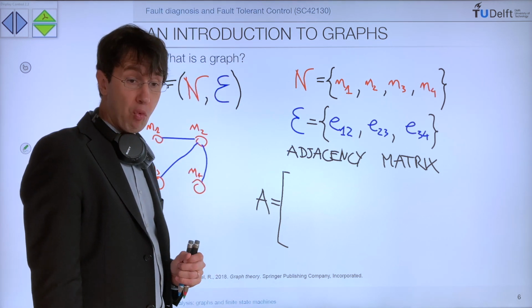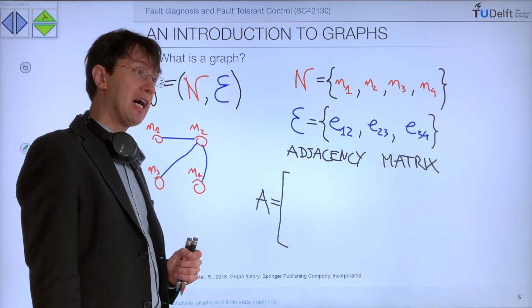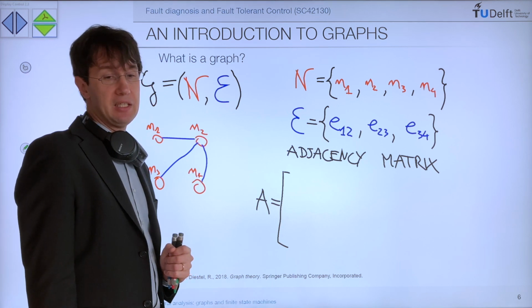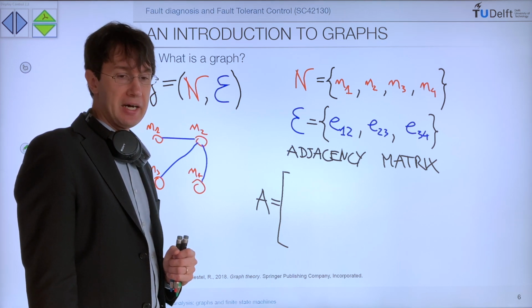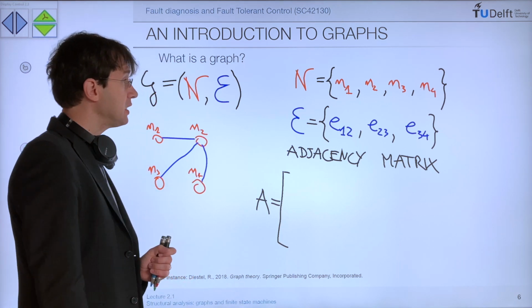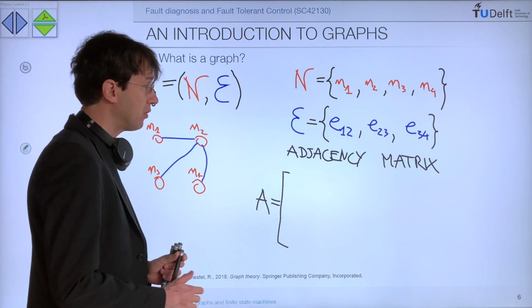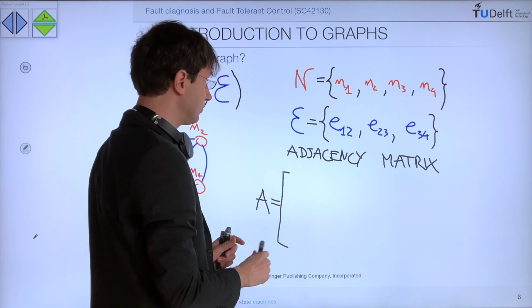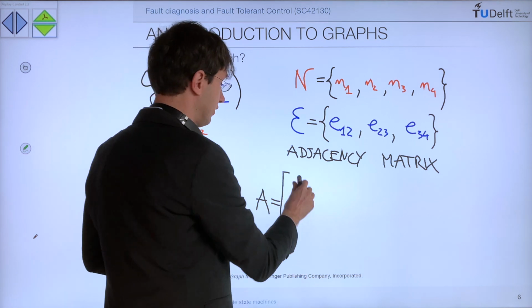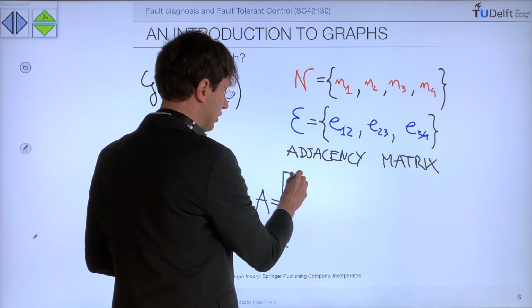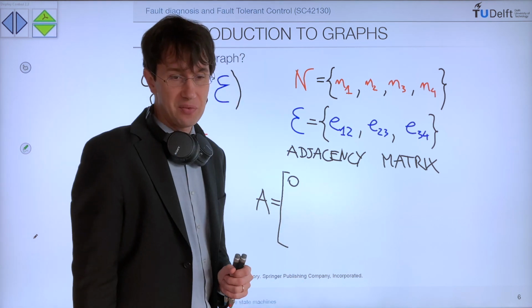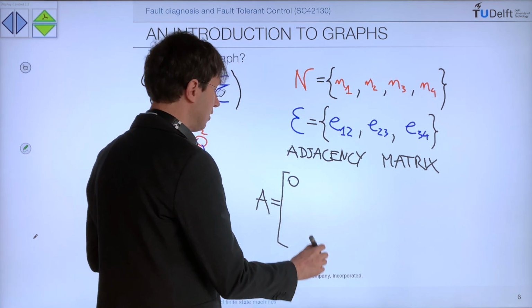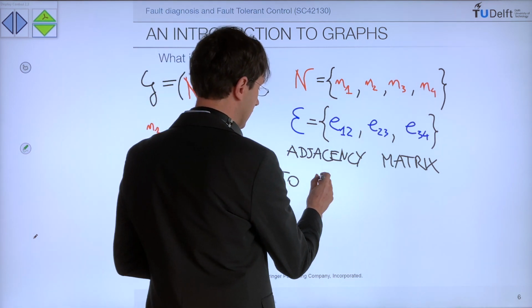There is a 1 in the position ij if there is an edge between node i and j. So in this case, we know that we need a 1 in position 1,2. We are not considering self edges, so we don't consider the edge between node 1 and itself. But we know there is a 1 between node 1 and 2.